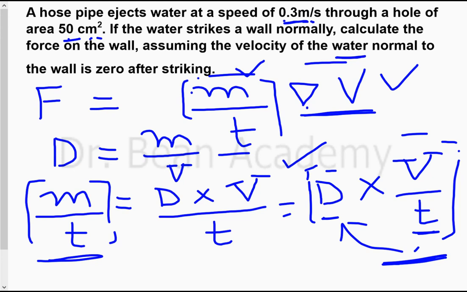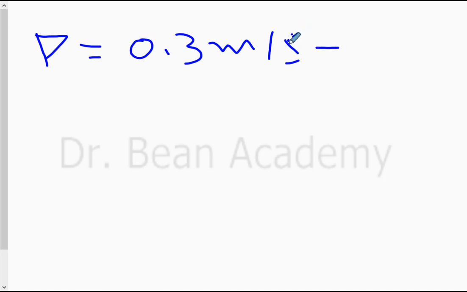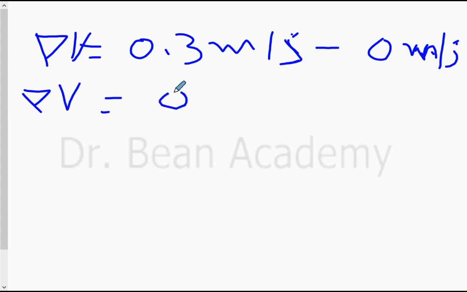So the change in velocity is 0.3 meter per second minus the other velocity, which is just 0 meter per second. So the change in velocity is the same, 0.3 meter per second.